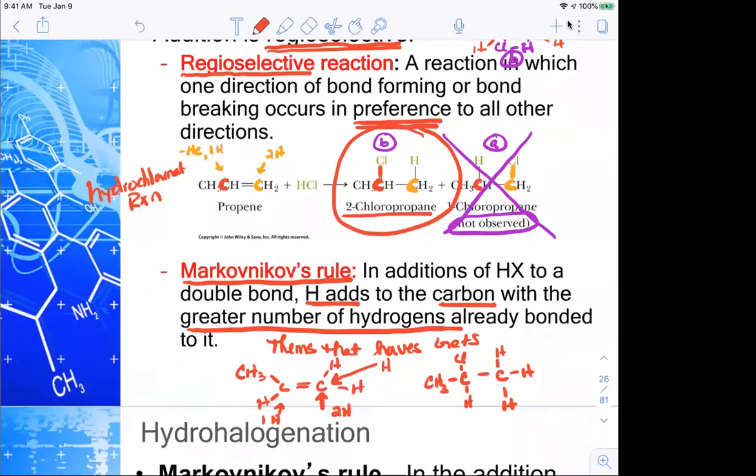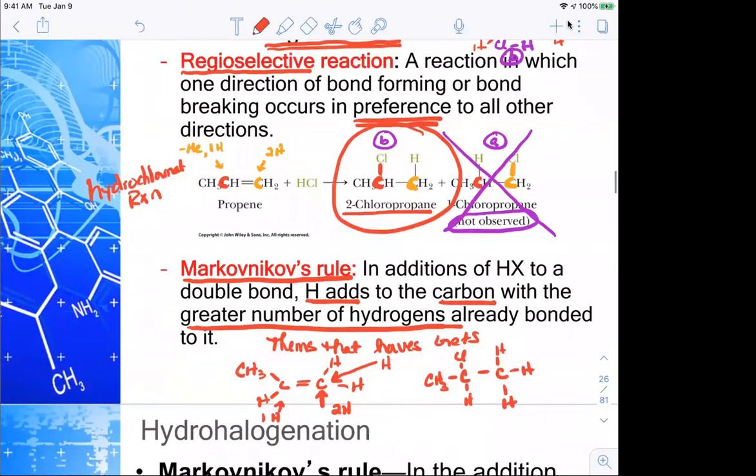So it follows Markovnikov's rule. The hydrogen in my HX reagent ends up on the carbon of the double bond that contains the most hydrogens. The halogen goes to the other carbon. And there's a reason for this that we're going to talk about. We will talk about this reason in the context of the chemical mechanism.